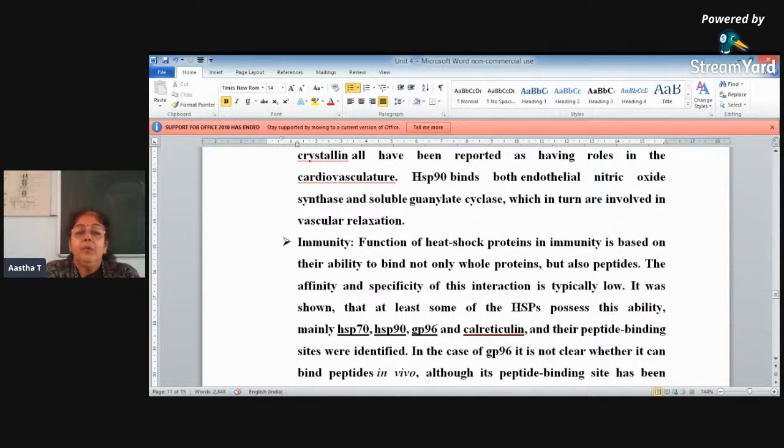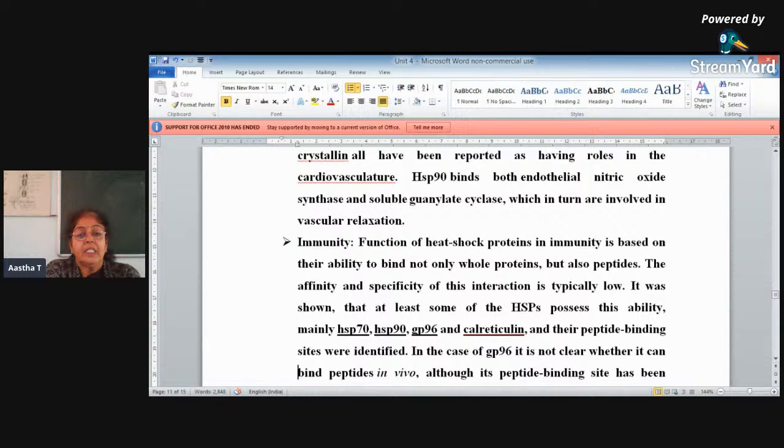Next role is in immunity. So this is a very important role of HSPs. They play a very significant role in immunity, not only as a whole protein but also in the form of peptides. Means HSP as a whole नाही, तर HSP चे छोटे छोटे पेप्टाइड्स, त्या प्रोटीनचे छोटे छोटे पेप्टाइड्स सुद्धा इम्युनिटी मध्ये खूप इम्पॉर्टंट असतात.